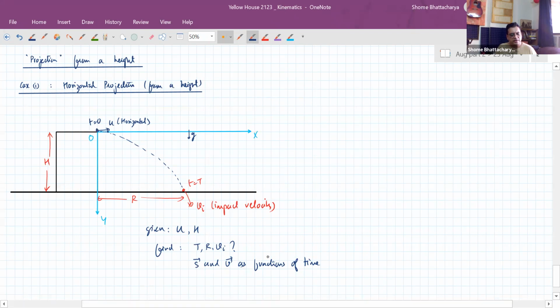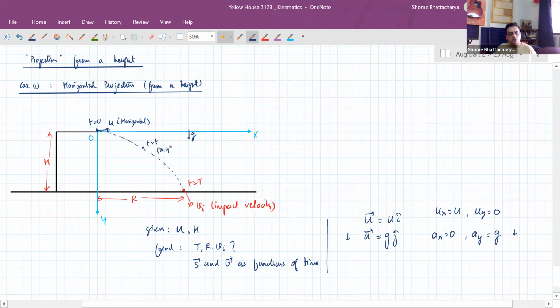So with this now we can write our initial velocity as u i cap and our acceleration as g j cap, because we've taken the downward direction as positive. So ux is u, uy is 0, whereas acceleration's x component is 0, acceleration's y component is g downward. So at some time t, the particle reaches here, coordinates are x, y, and the velocity is v.